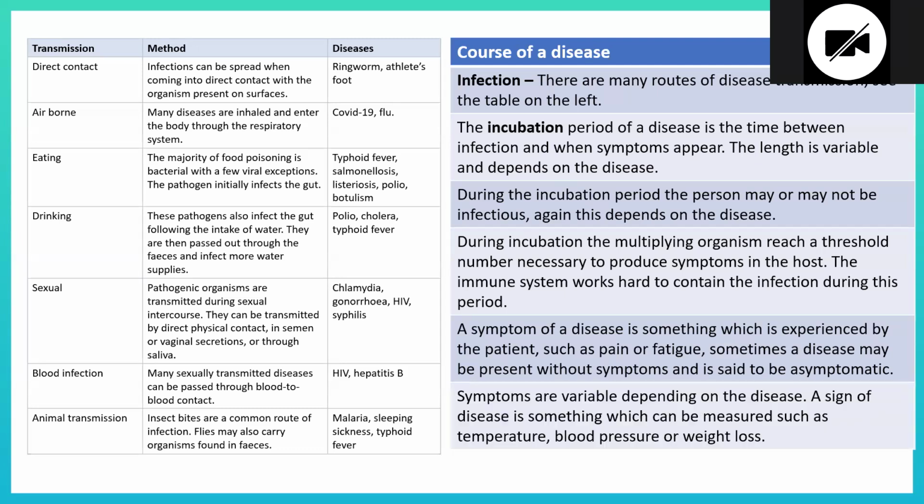Symptoms are very variable, depending on the disease. But a sign of disease is something which can be measured. So symptoms and signs are slightly different. Symptoms are something which is experienced and a sign is measurable, such as a high temperature or a high blood pressure or a loss in weight, for example.